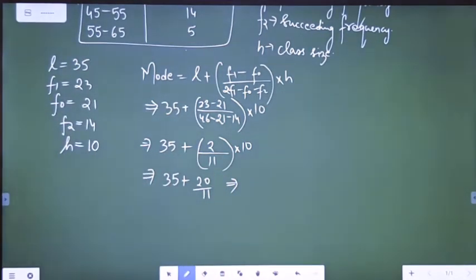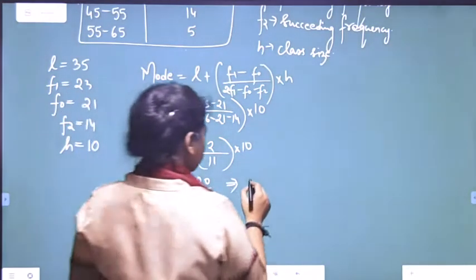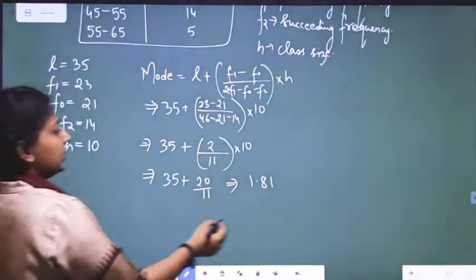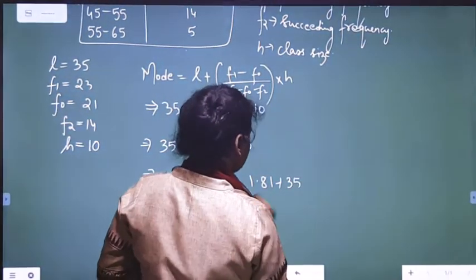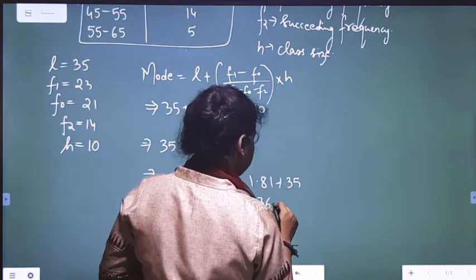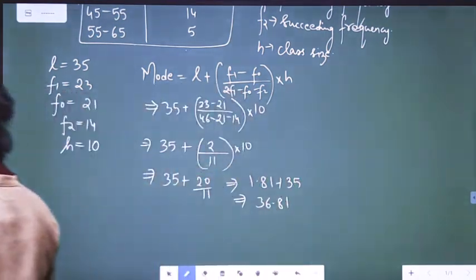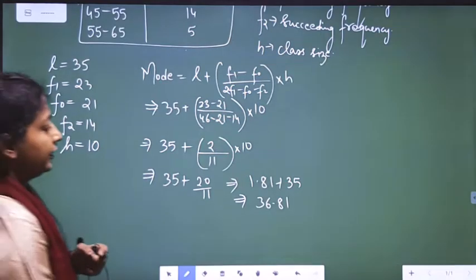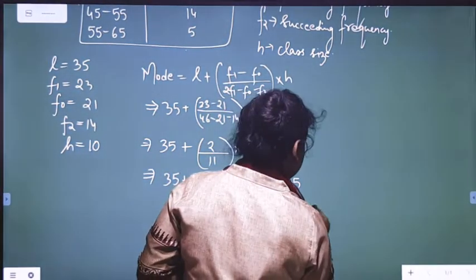When we calculate this, we will get the value 1.8 something, 1.81 around I suppose, plus 35. So this value comes out to be 36.81. 36.81 years.